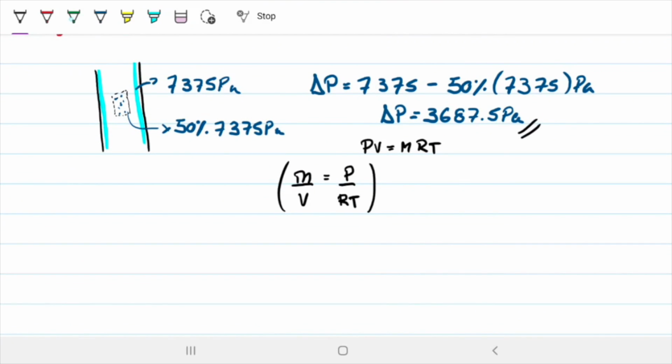Let's do it in green, I guess. Delta C will be our delta P, delta pressure, over RT. That will be 3,687.5 pascals.